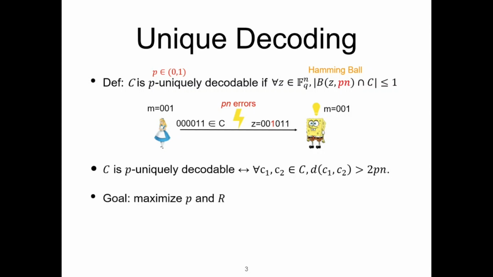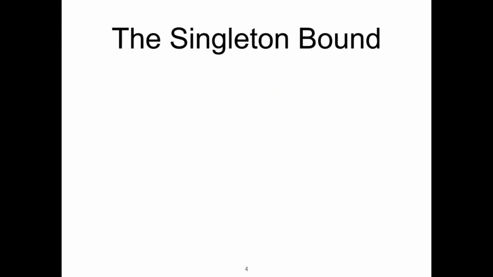The central question in coding theory is to maximize the decoding radius p and the rate R. But of course, these are two conflicting goals. So to be more precise, we want to get a better trade-off between p and R. Regarding the trade-off between p and R, we have this classical bound called the Singleton bound.